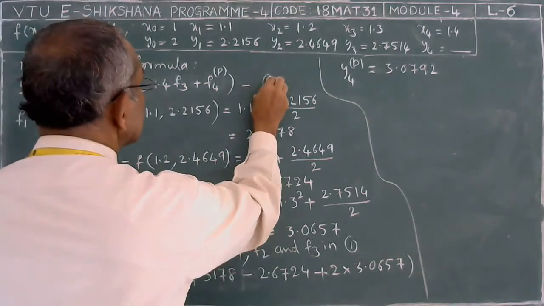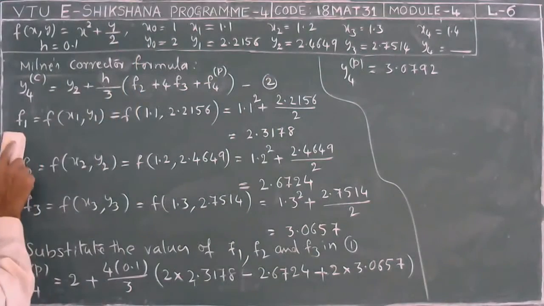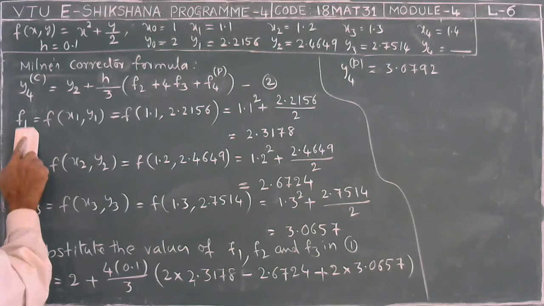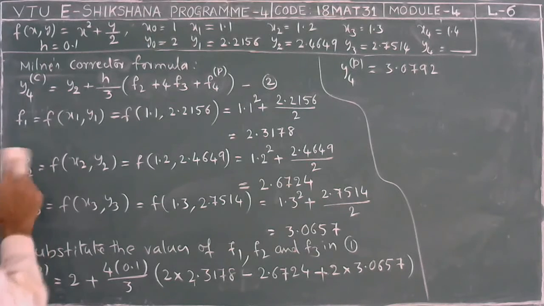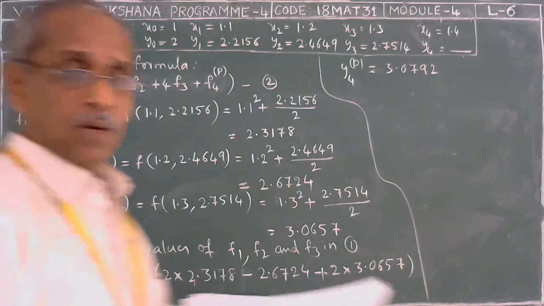You call this equation number 2, where f4p is f of x4 comma y4p.